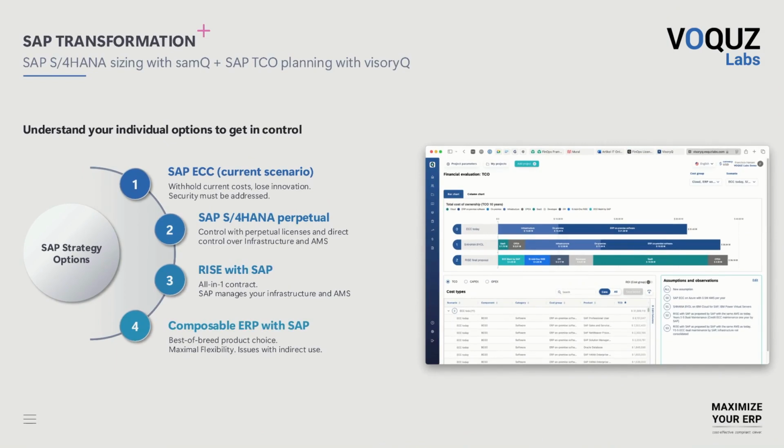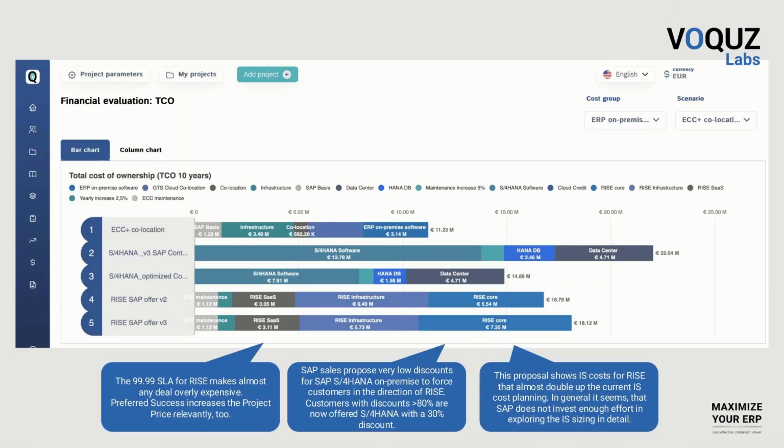And if we go to the next slide, there are some very, very big differences in the options that are available to you. So as part of our services, we have tooling called VOQUZ Business Case Builder, which we complement with SAMQ to do all of this analysis around the various different options available to customers as they continue their SAP evolution.